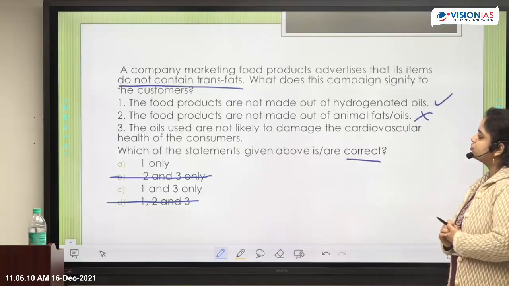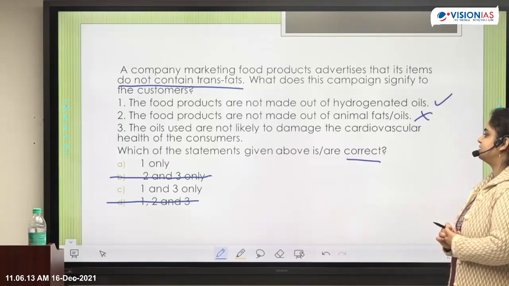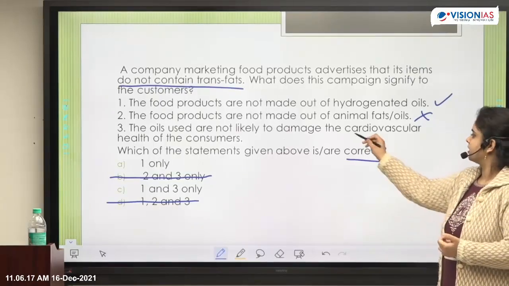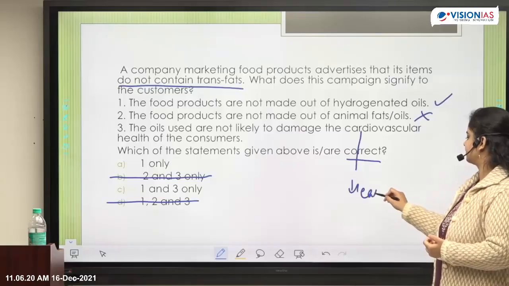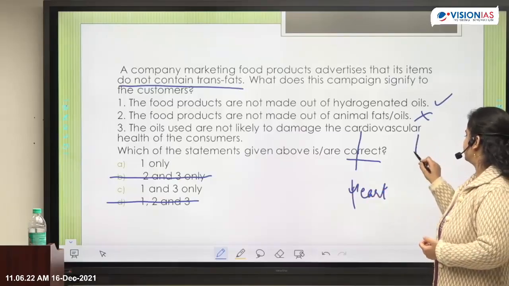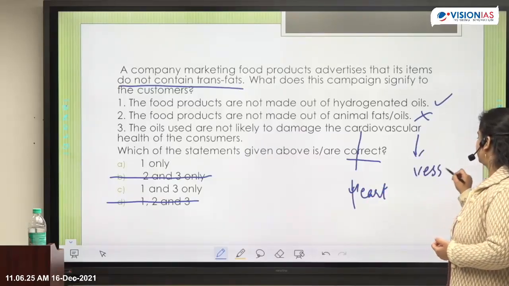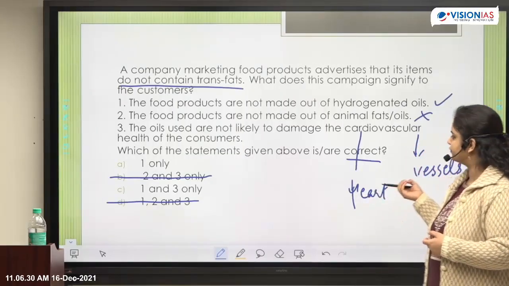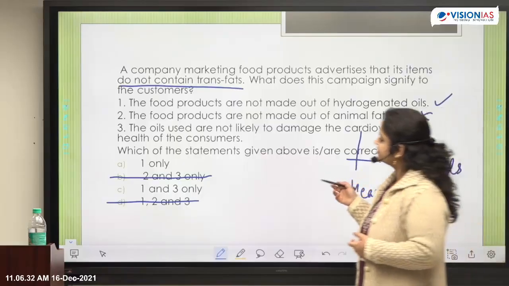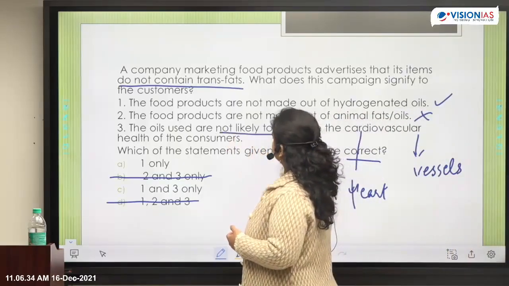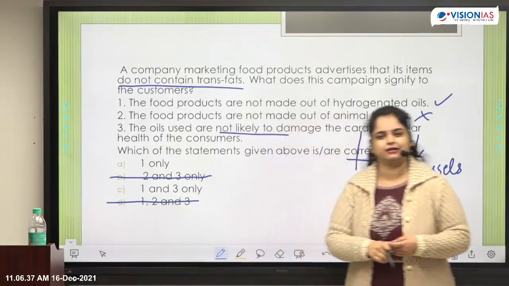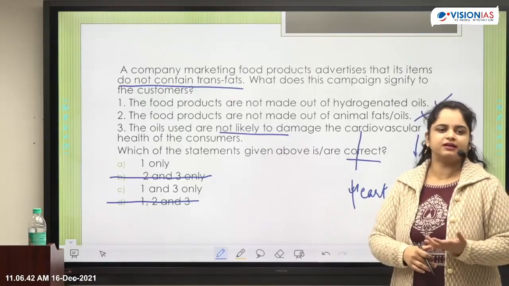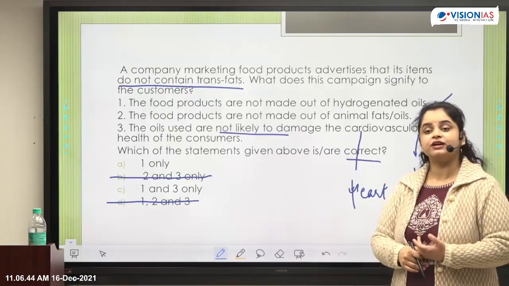The oils used are not likely to damage the cardiovascular health of the consumer. Cardiac means heart. Vascular means the vessels of the heart, arteries, veins, all those things. That's the term vascular for that. So they have suggested not likely. Okay, because of course there is always a probability when it comes to damaging or getting any diseases.